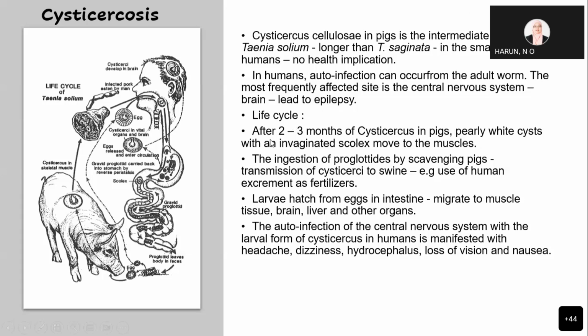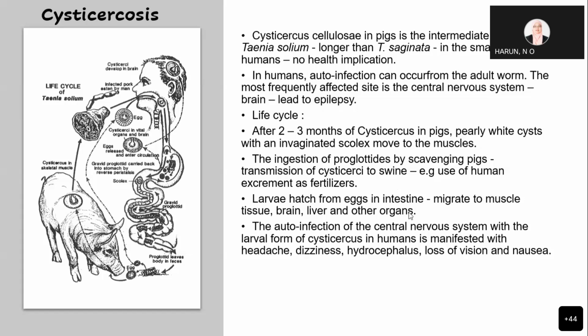Okay, the life cycle after 2 or 3 months of cysticercosis in pigs. Okay, pearly white cyst with an invaginated scolex move to the muscle. The ingestion of proglottids by scavenging pigs, transmission of cysticercosis to swine, for example, like use of human excrement as fertilizer.